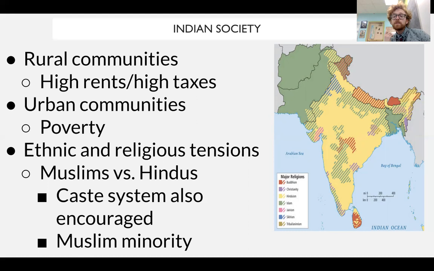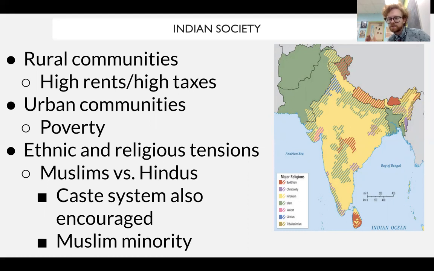So there is this fear by the Muslim minority of what could happen if India is independent. So largely Muslims are saying, we need the British to stay here to keep things in order, to prevent this anti-Muslim violence that could occur. And there are instances of it occurring during colonial India. And we're going to look at how that will intensify during this debate over independence.